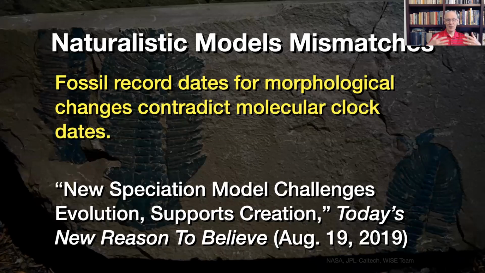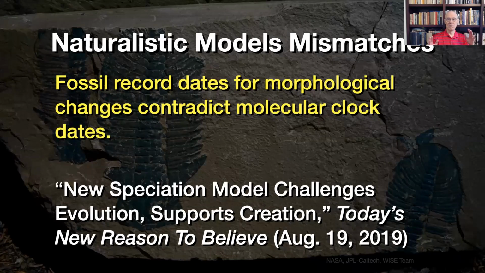So you look at what's happening at the molecular level of the gene, you can use that to determine a date for when these morphological changes take place, but those dates don't match the fossil record. You say, how far off can they be? Well, typically they're off by 10 or 20 or 30 million years, but there are examples where the molecular clock dates disagree with the fossil record dates by 250,000 years.